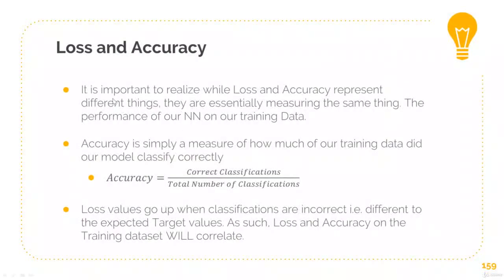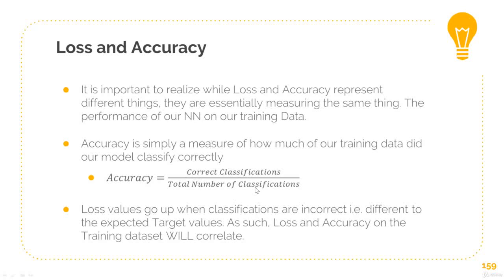So let's talk about loss and accuracy. It's important to realize while loss and accuracy represent different things, they're highly correlated, so they're essentially measuring the same thing, the performance of our neural net on our training data. Now, accuracy is just a simple measure of how many correct classifications we got over the total number of classifications overall.